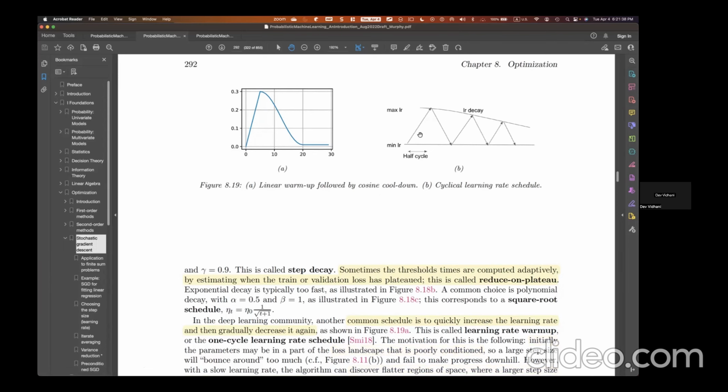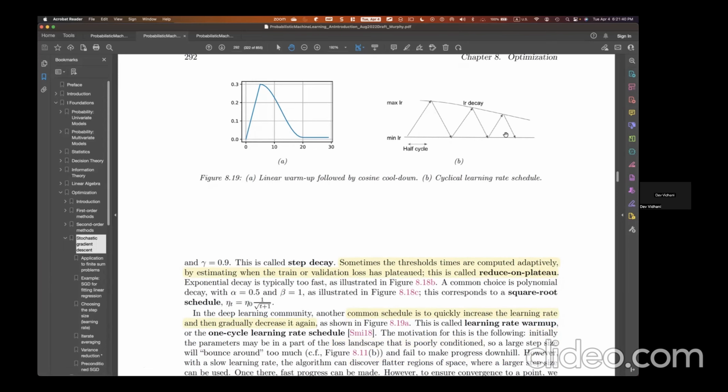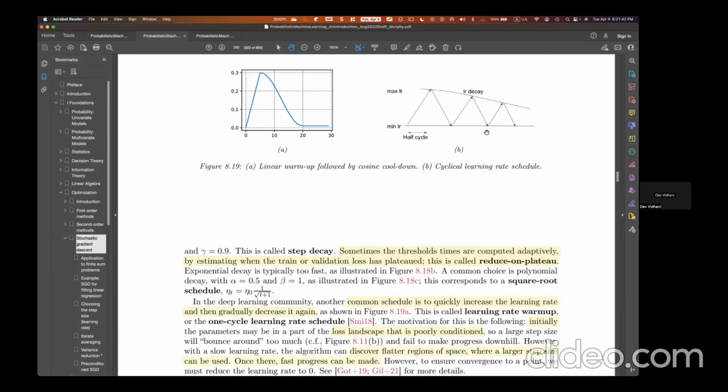There's this other cyclical learning rate, which Fast AI Jeremy Howard came up with, and it discovers multiple, you could say, minima. When it starts going back up, they also save the parameters before they start going back up again.